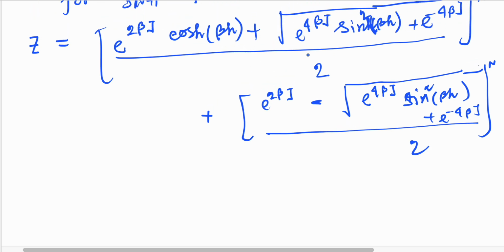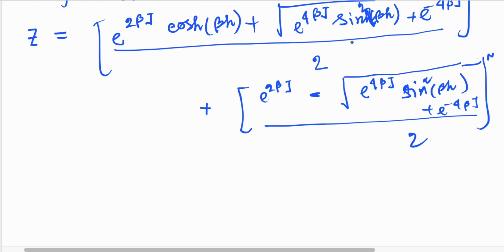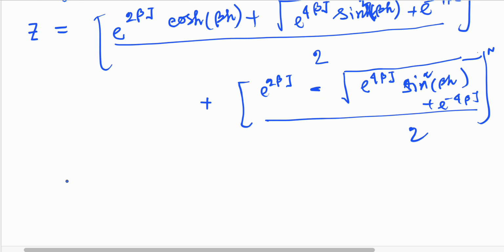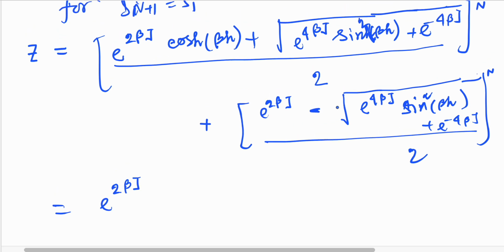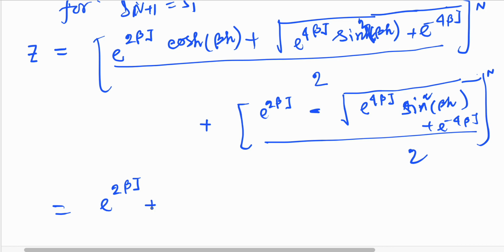Now for h tends to 0, sinh square beta h is 0 and cosh beta h is equal to 1. It will give e to the power 2 beta j plus e to the power minus 2 beta j.